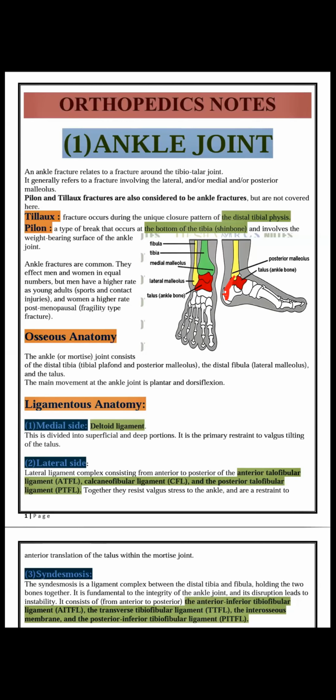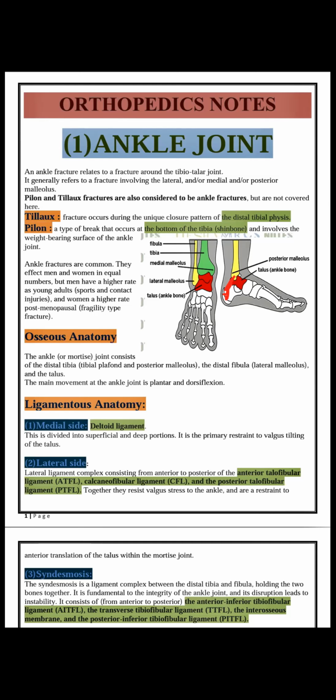So ligamentous anatomy is very important. The medial aspect has the deltoid ligament, which protects against valgus. Then you have the lateral aspect, where the talus articulates with the fibula, and the calcaneus also articulates with the fibula. The talus with the fibula forms the anterior and posterior talofibular ligaments. The calcaneus with the fibula forms the calcaneofibular ligament.